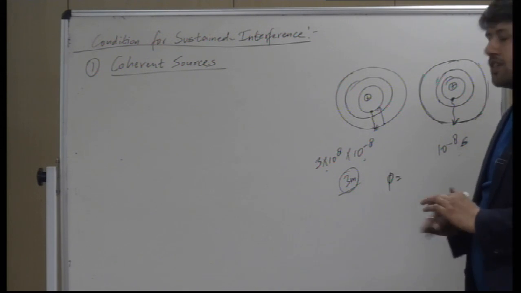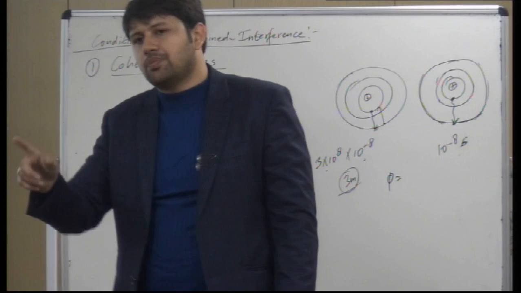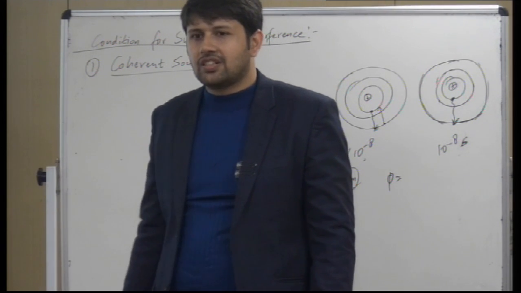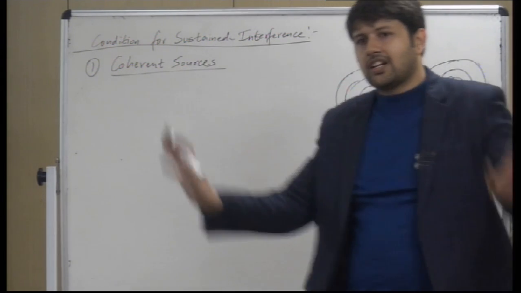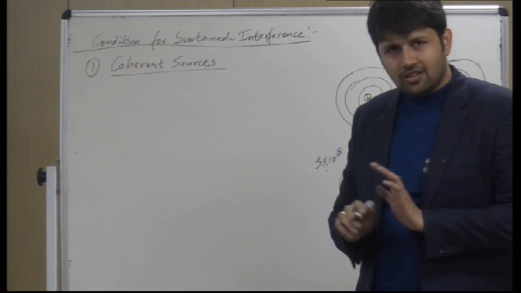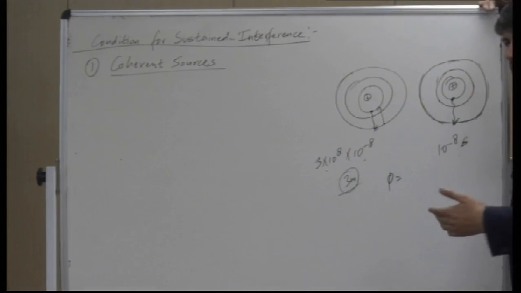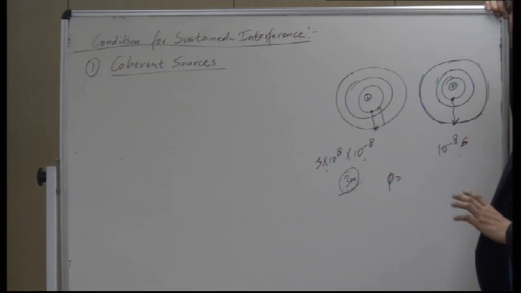Okay, so since phi would keep changing, at the same point, at one time there would be constructive, at some other time there would be destructive interference. So the pattern would be changing so rapidly, we would see only white light. Okay, no change actually, no difference in interference pattern. So you can never have sustained interference. Sustained means the stationary pattern is there.